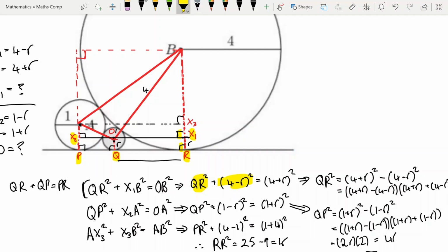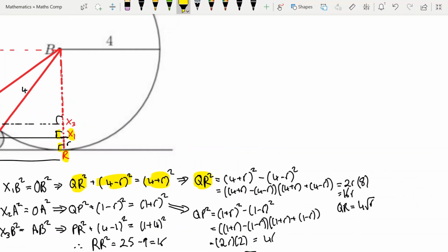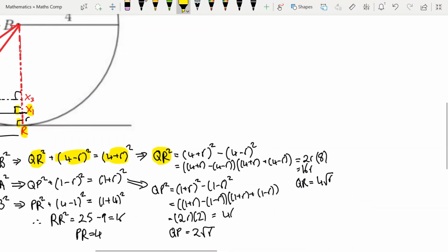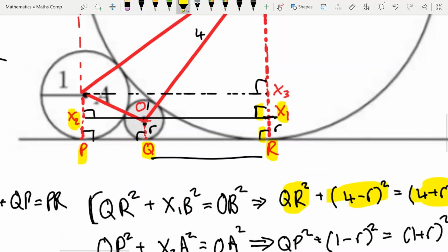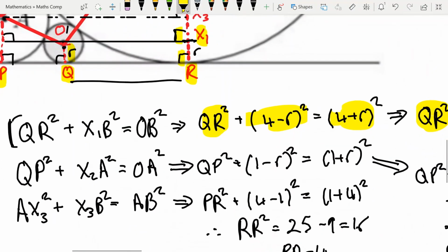Going through that, we simplify QR squared to equal 16R. Taking away the squares of the base and the height, it's a difference of two squares, so they factorize quite neatly, which takes out the need to expand. Then you eventually get that QR is equal to 4 root R, in terms of the radius R.